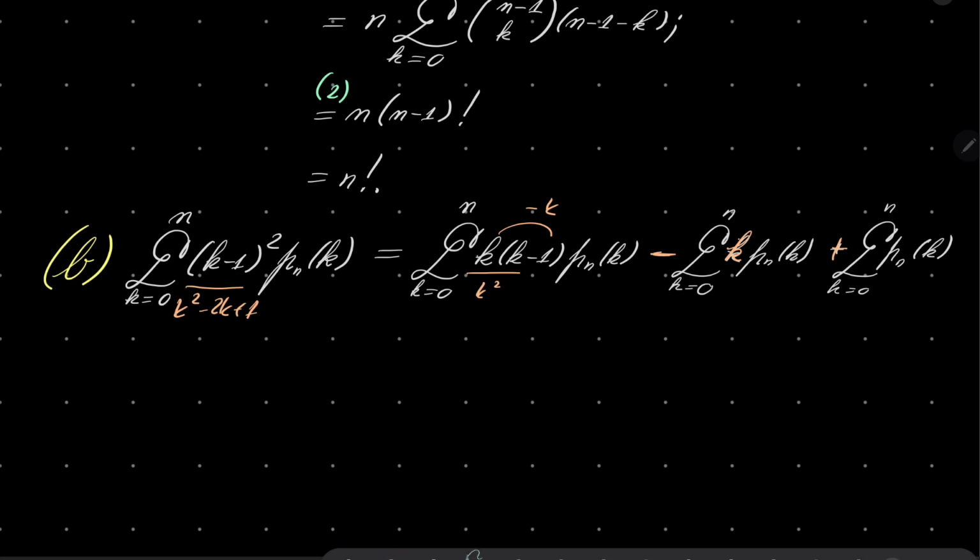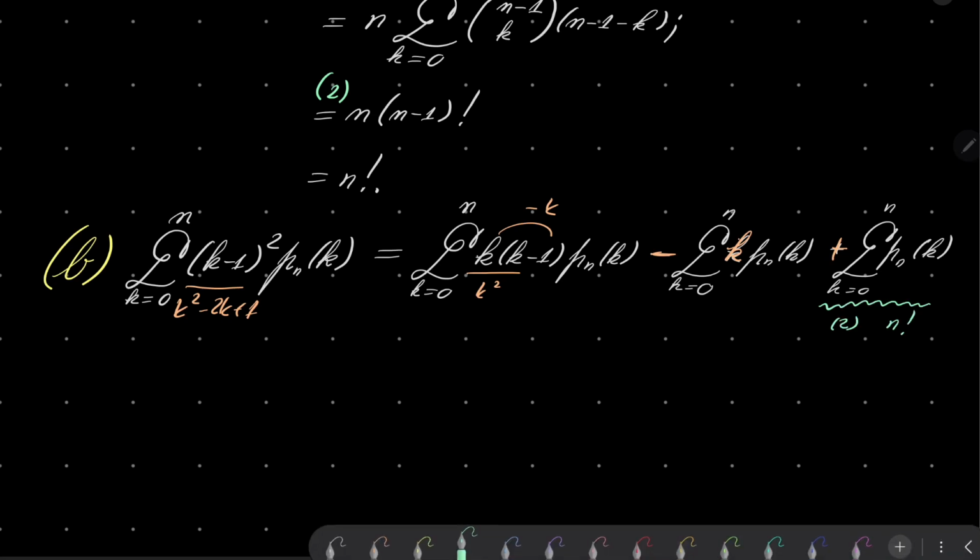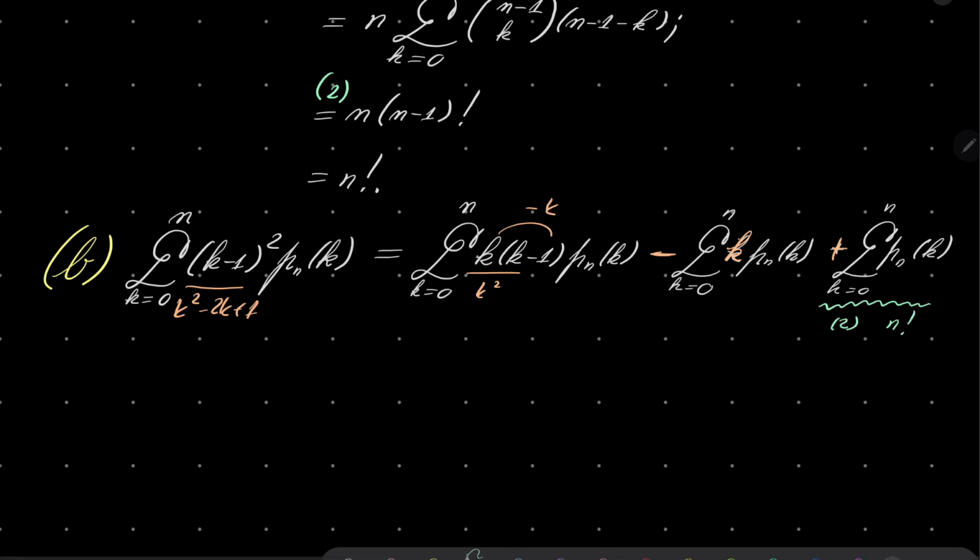And now, by claim number 2, this part right here is just n factorial. Moreover, by our part A, which we have already demonstrated, this sum is n factorial as well.